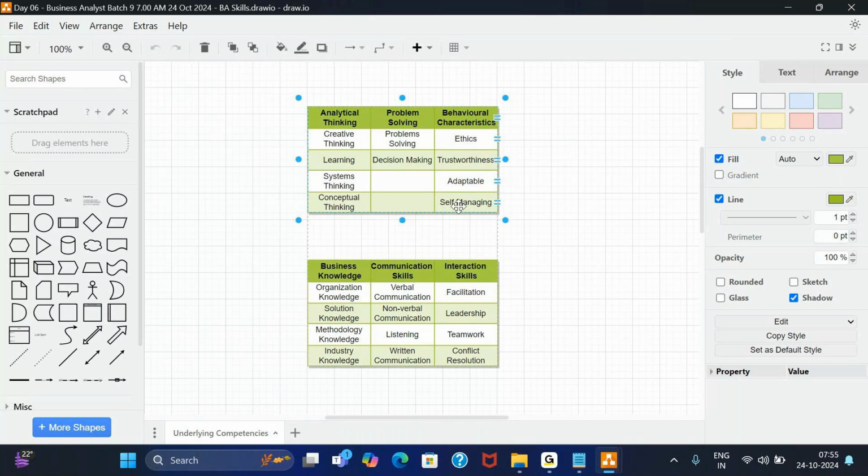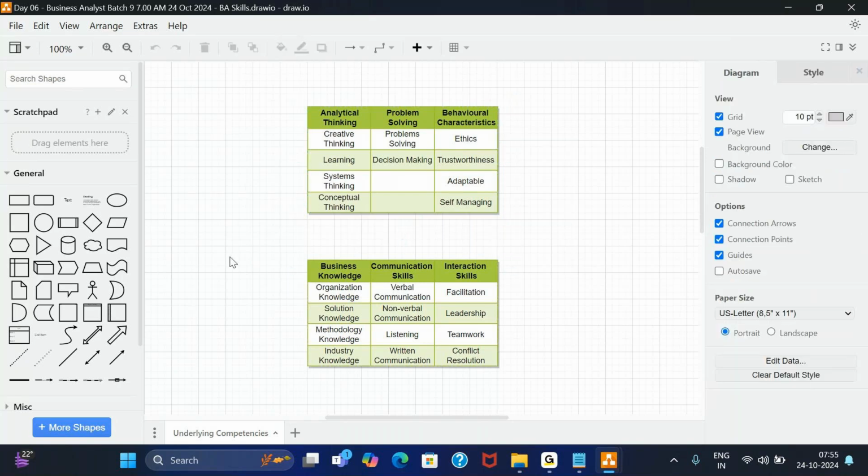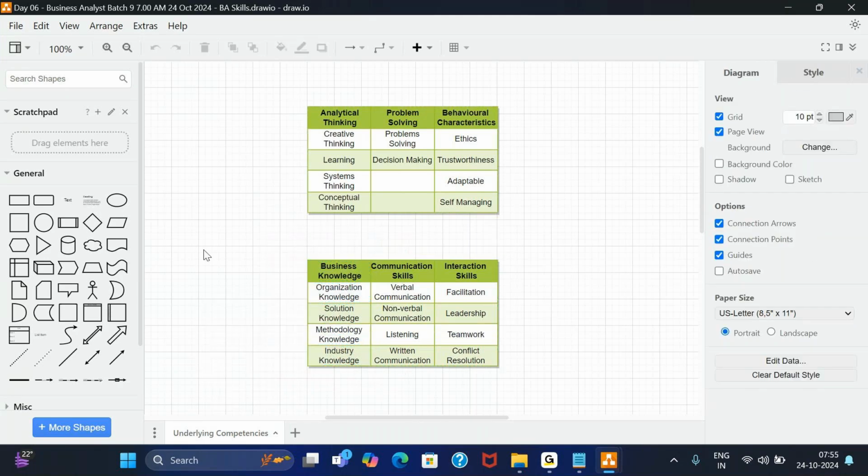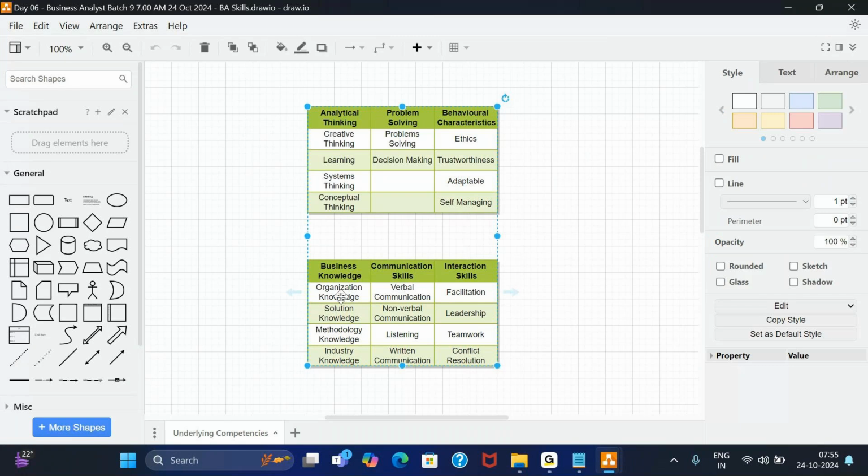Then next is focus on business knowledge. Business knowledge requires a lot of different aspects, like knowing about the organization, whether it is the IT organization or the client's organization. What is their vision, mission? What kind of product are they building?